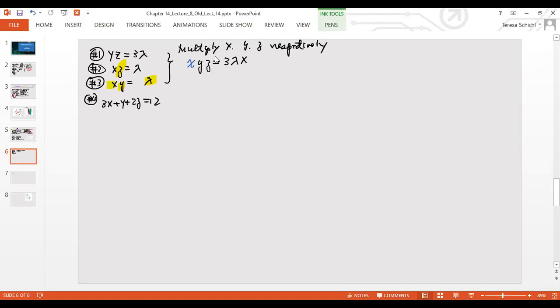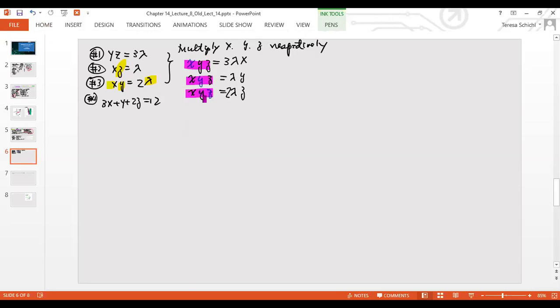The same thing with xz: I'm missing y, so I multiply by y, and I have lambda y. And for xy, I'm missing z, so I multiply by z. This gives me 2 lambda z. That's the trick here.